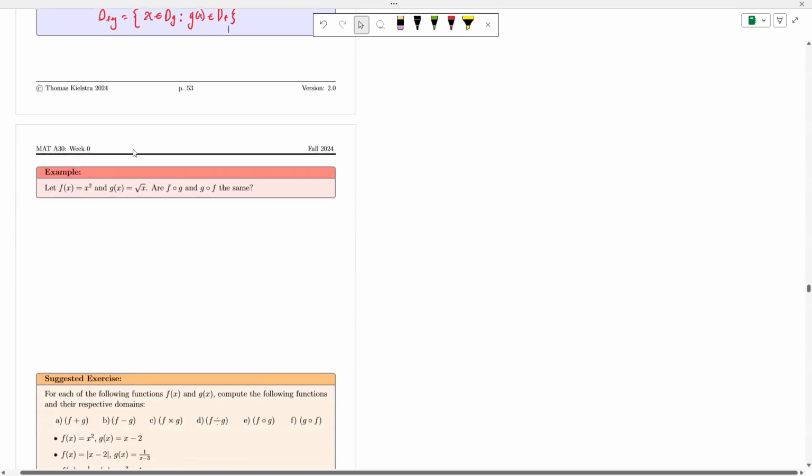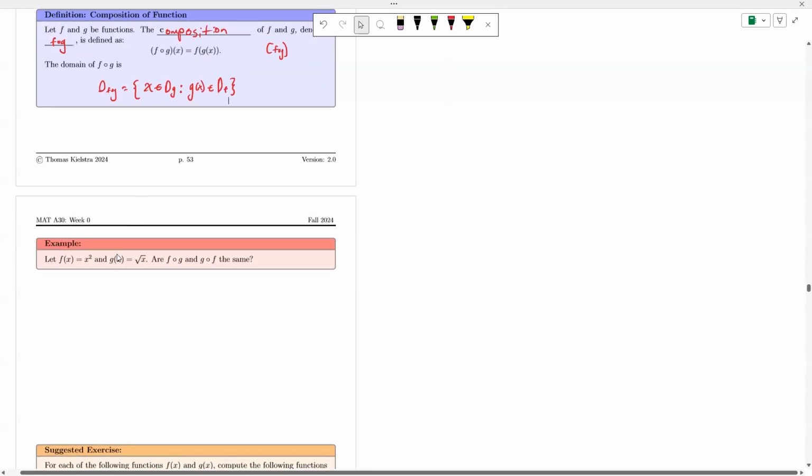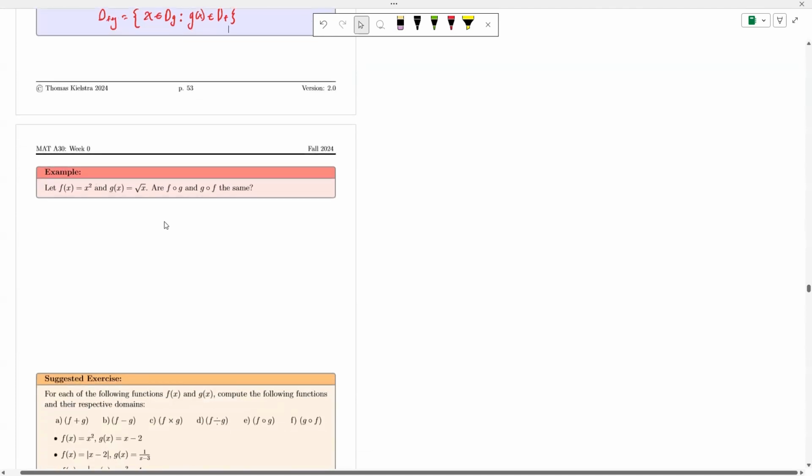So a question that is often asked is, if f of x equals x squared and g of x equals root x, are the compositions f of g and g of f the same? And to talk about this, we're going to show that they're not quite the same, and we're going to use the natural domains to do so.